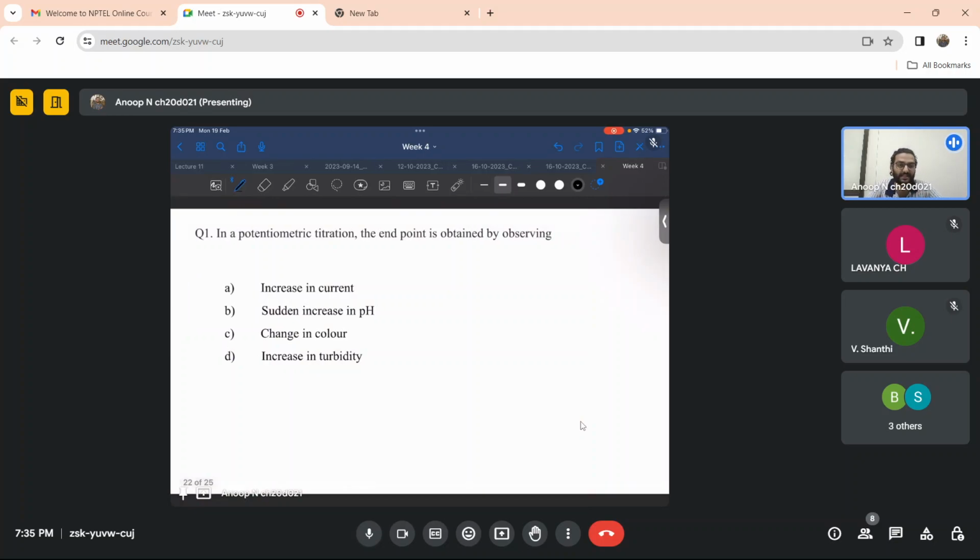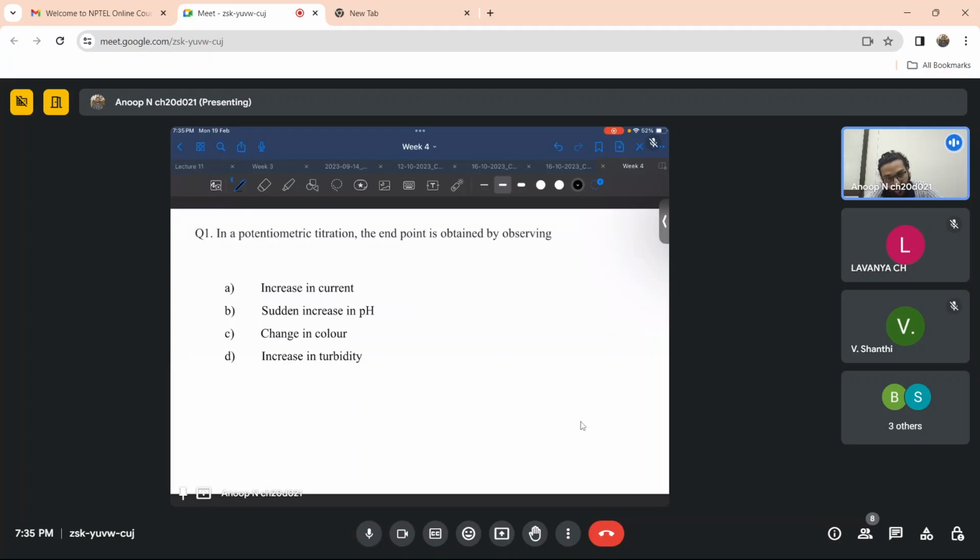So let's see some simple problems. After that, I'll show the Excel sheet of how the problem has been solved. The question is, in a potentiometric titration, the endpoint is obtained by observing what? How are we finding the endpoint?